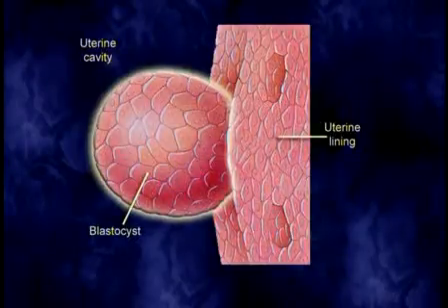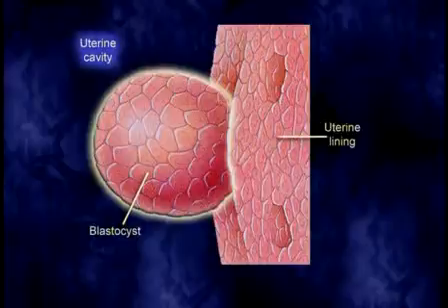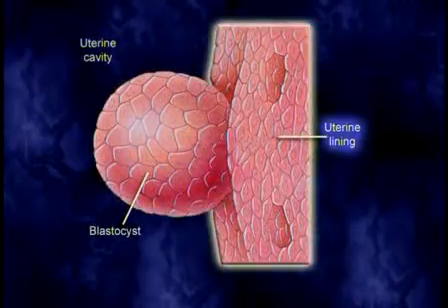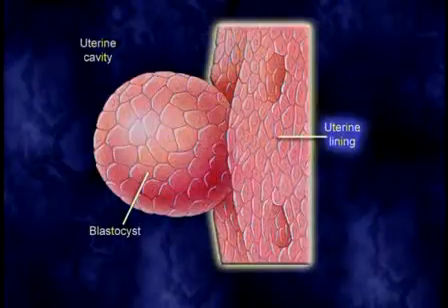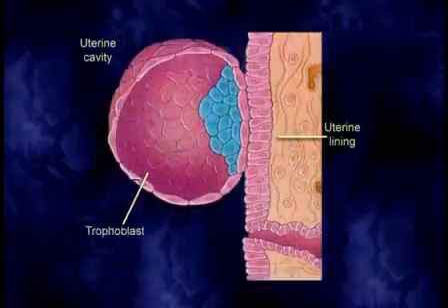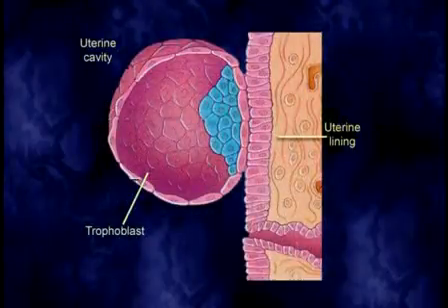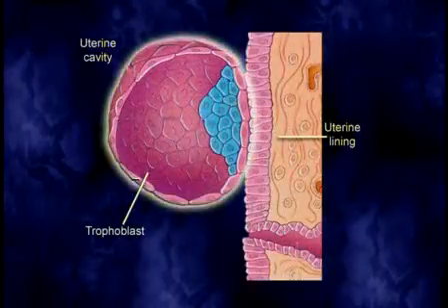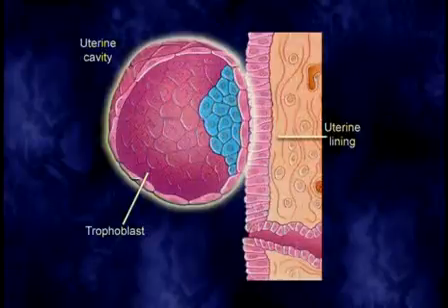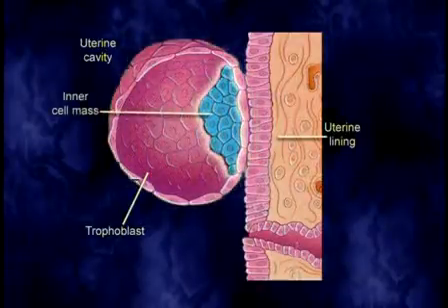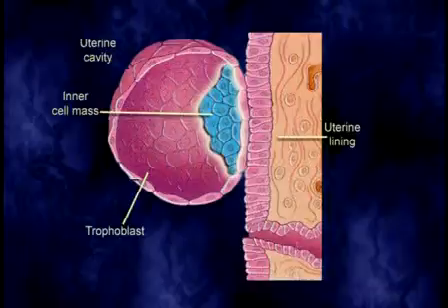And we have the cells here. This is the uterine cavity side, and then we have the lining of the uterus, and these are both replicating at a very fast rate. We have now the ball shown here with its hollow single layer of cells on the outside, and then an inner cell mass here that is beginning to differentiate.